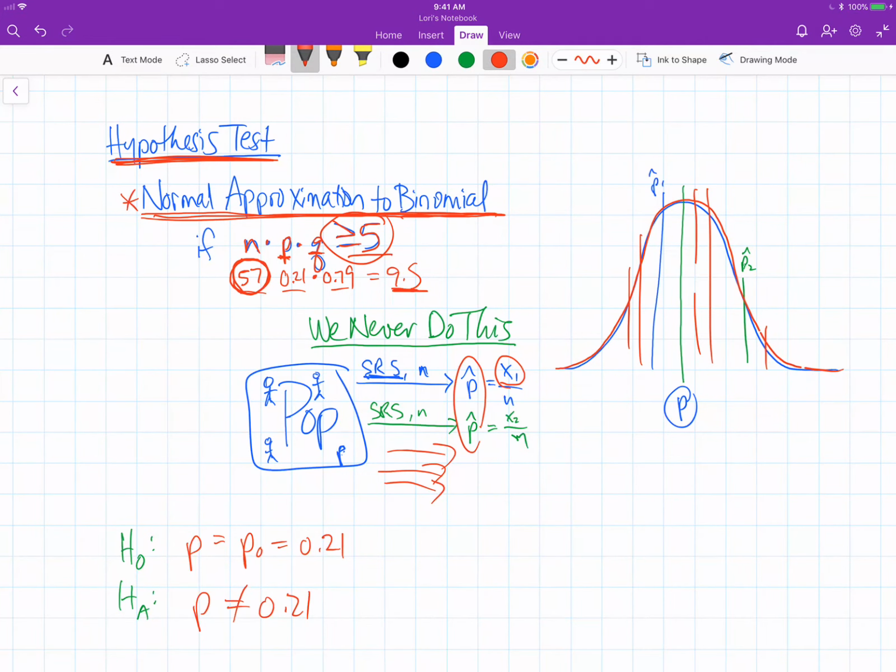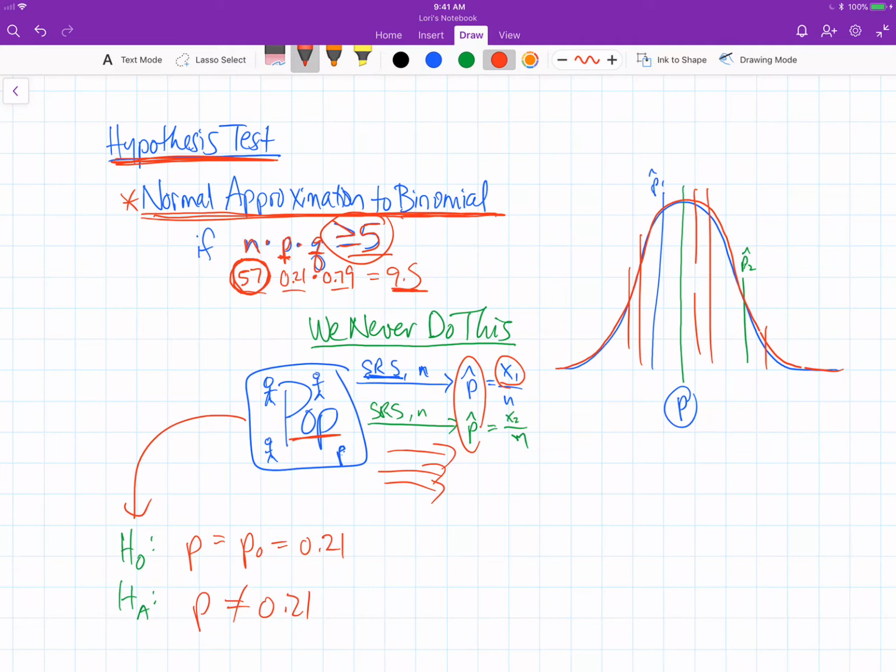If we were to sample over and over from the same population, we would get a variety of different sample proportions. And our question then is whether it's reasonable we extrapolate that to our actual hypothesis.